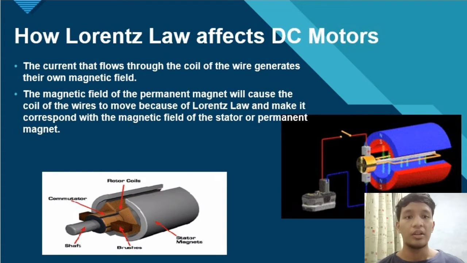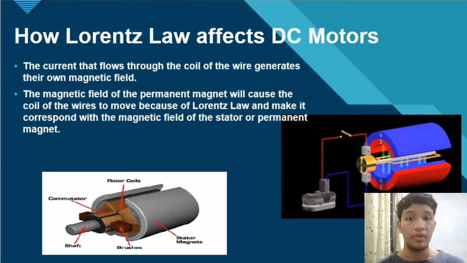So how does Lorentz law affect DC motors? Firstly, the current that flows through the coil of wire generates its own magnetic field, meaning each charge or current that passes in the wire has its own magnetic field.